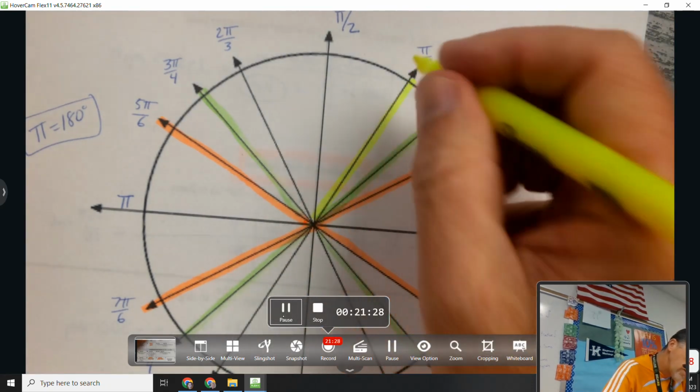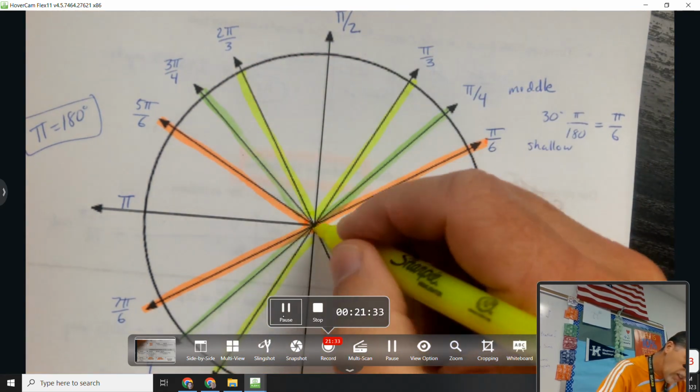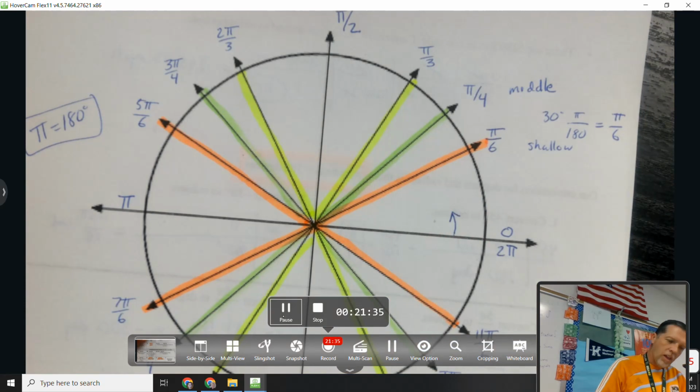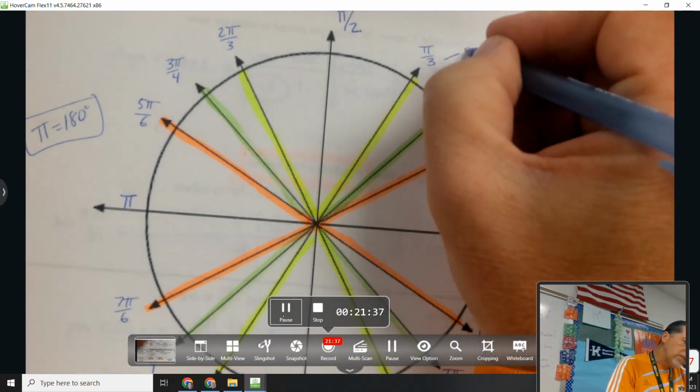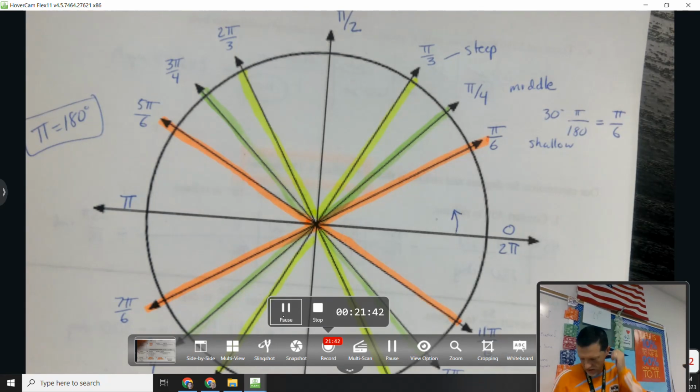And then if you highlight all the over 3s, all of those are the steep angles. So every quadrant has a shallow, middle, and steep. The shallow is always the over 6, the middle is always over 4, and the steep is always over 3. There's a whole lot more patterns going on, but we'll stop there for now.